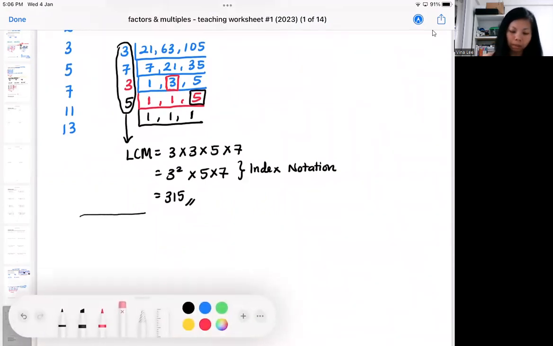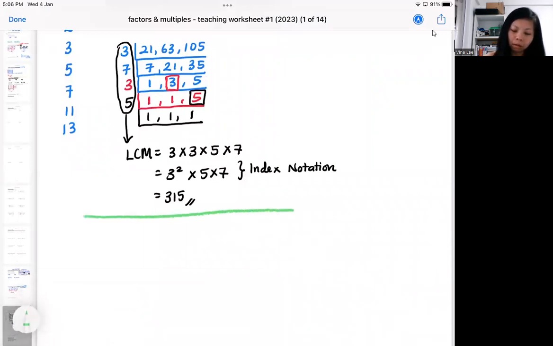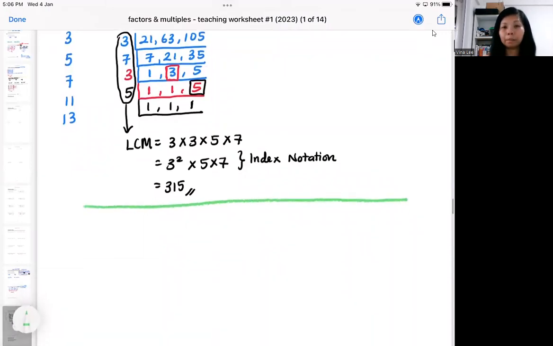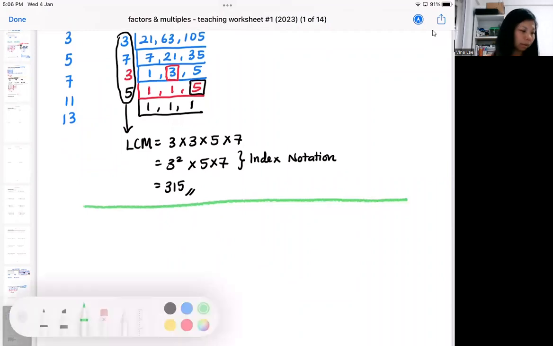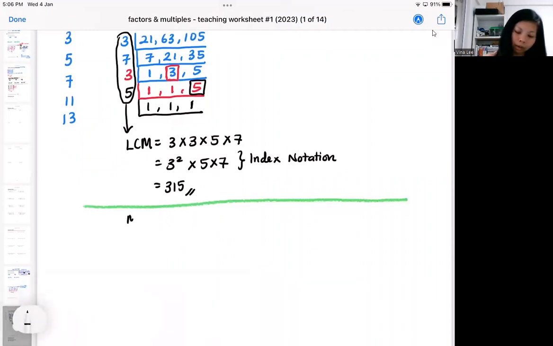But like I say, the prime factorization should be the method that you should try. So for these 3 numbers, I'm going to try the prime factorization method. It should still give me the same answer.